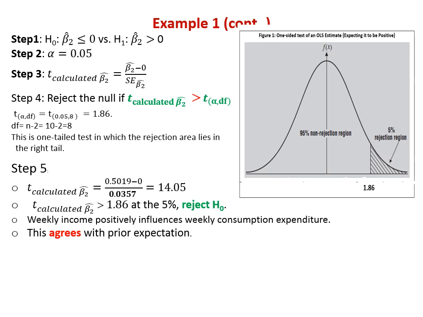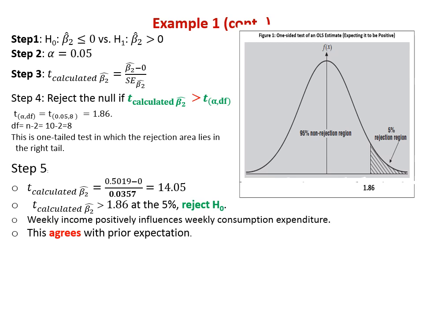In step 1, we formulate a one-tailed test in which the alternative hypothesis has values in the right or the positive tail of the null hypothesis. In other words, the null hypothesis states that weekly income doesn't influence the weekly consumption expenditure, or that income negatively influences it. In contrast, the alternative hypothesis states that weekly income positively influences weekly consumption expenditure.